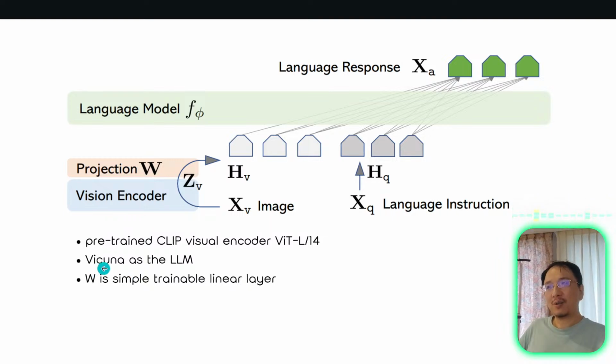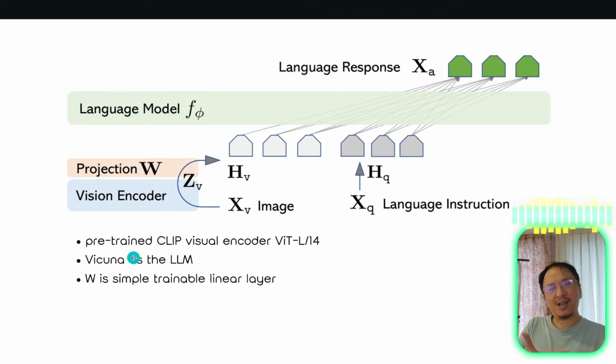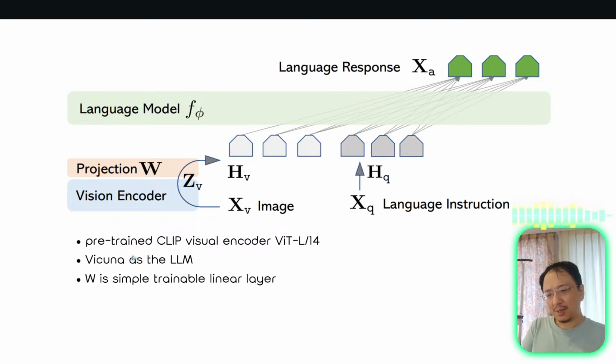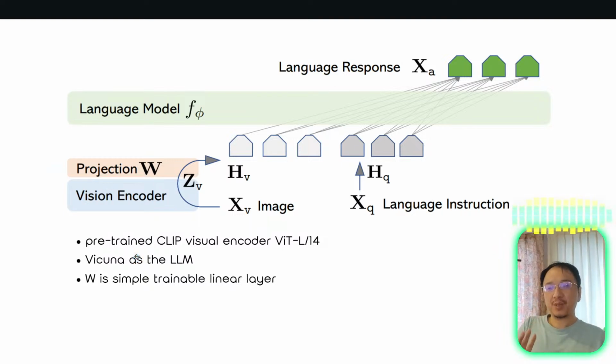A lot of models are fine-tuned from Vicuna. And Vicuna is a Llama 1.5 based model. Okay, yes, Llama 1.5, not Llama 1, not Llama 2.